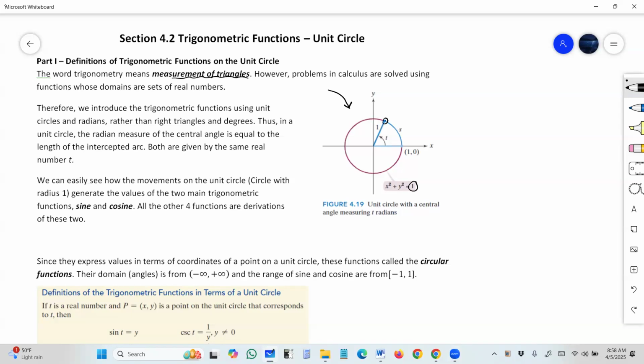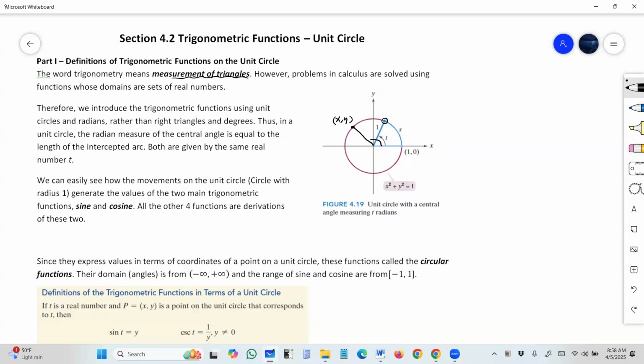So imagine this object attached to the end of this line, and it's moving along the circle right here. As it moves along the circle, it changes the point. Everywhere you go, there's going to be a point. This point is going to have an X and Y coordinate. So let's imagine, for example, the point is right here.